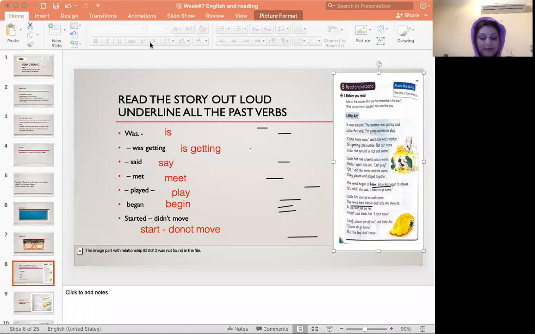We have regular and irregular forms of verbs. We have talked a lot about regular past. It's adding ed, verb plus ed, like play, played.